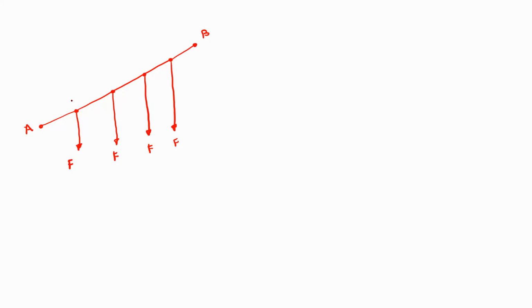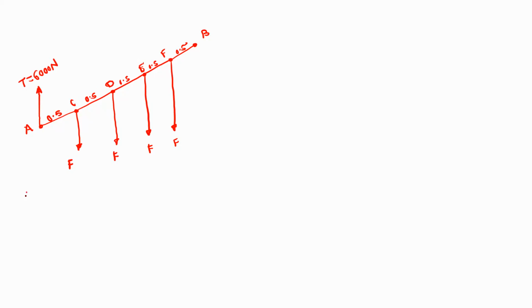Now the distance between each point is given as 50 centimeter. Okay, so this will be 0.5 meter. And this is the tension in the cable, that is 6000 Newton.